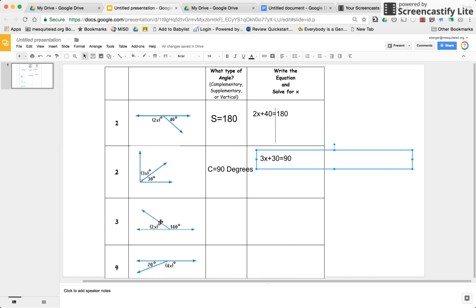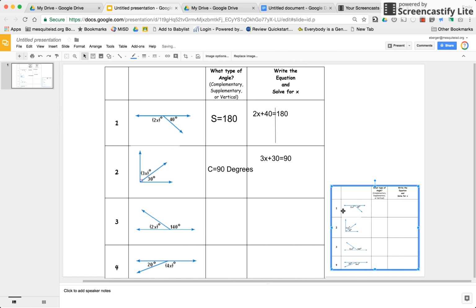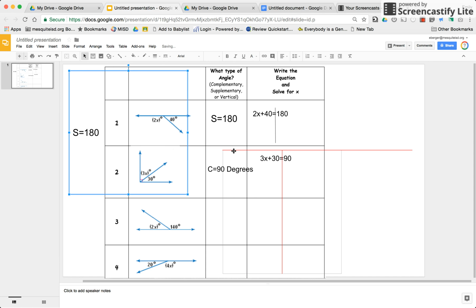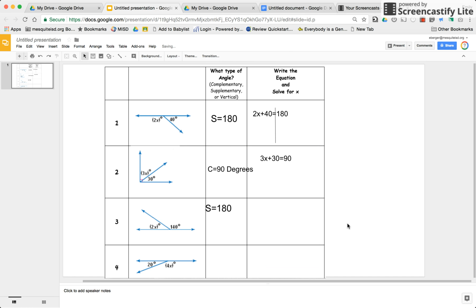Let's talk about this next one. Do these form two angles that form a straight line when I put them together? Yes, so we know that this right here is going to be supplementary and 180.